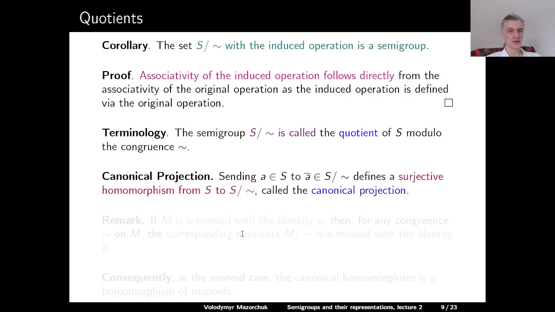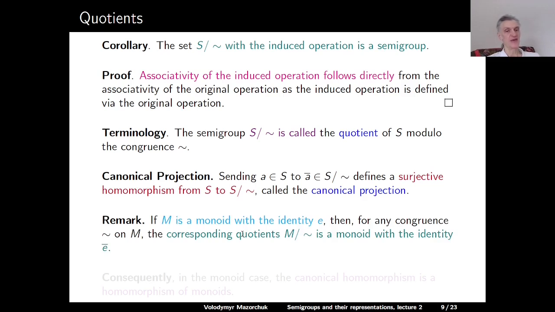And we also have the canonical projection, that's a homomorphism from S to S modulo tilde, which sends an element A in S to the tilde equivalence class of A, and this is an element of S modulo tilde. This is a surjective homomorphism from the semigroup S to the semigroup S modulo tilde, and it is called the canonical projection.